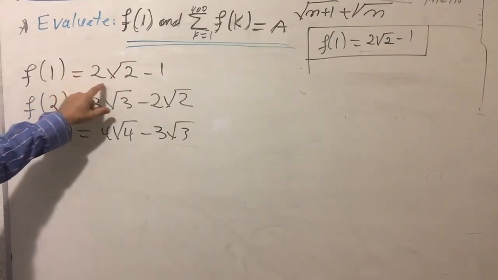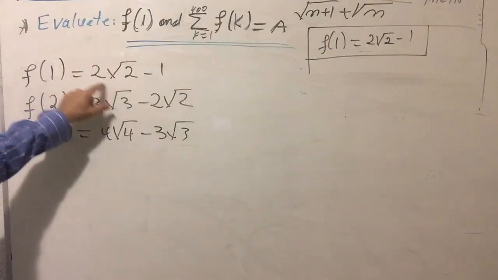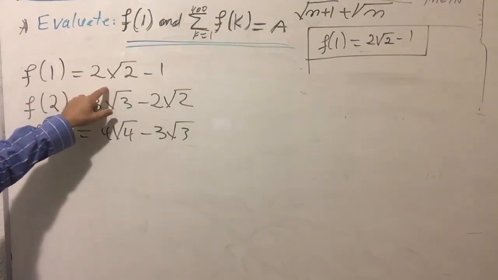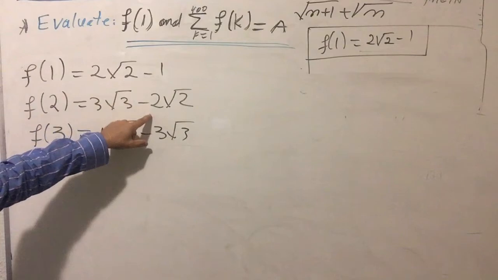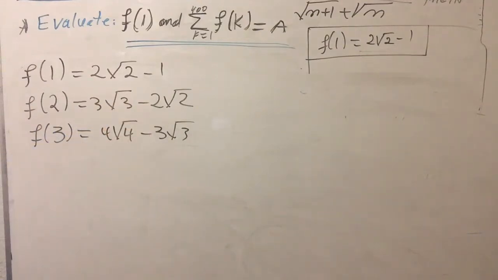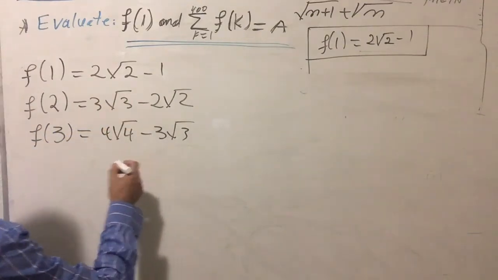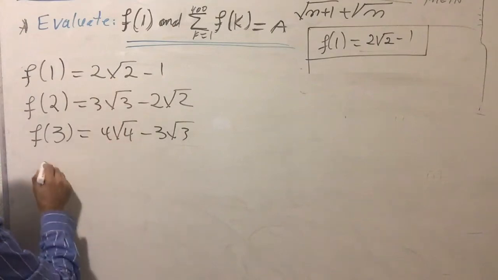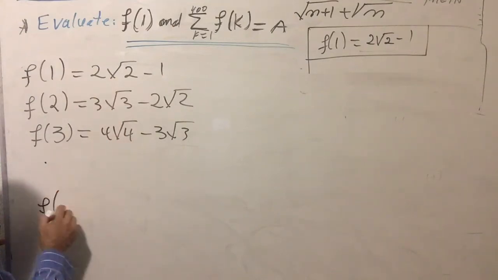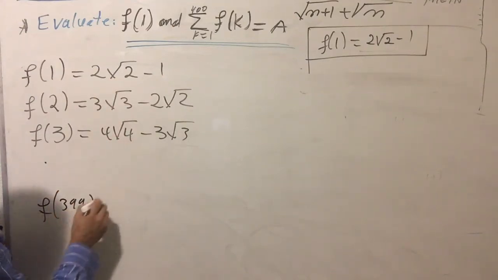Each term has 2 numbers. One of those numbers will be cancelled out by the following term. So this keeps repeating all the way down until you get f of 399.